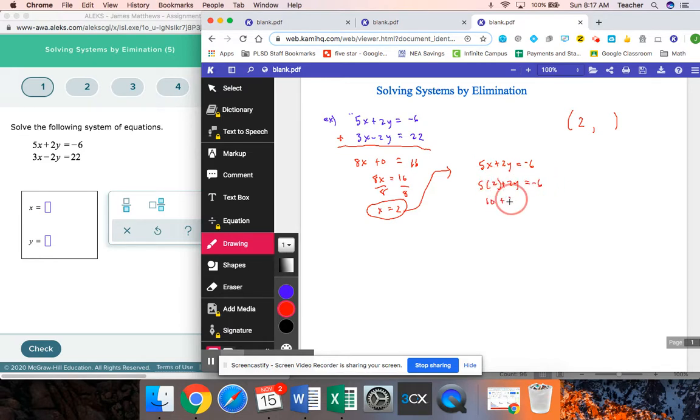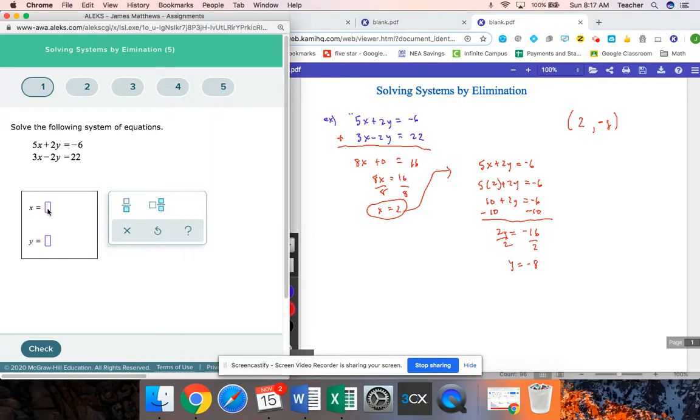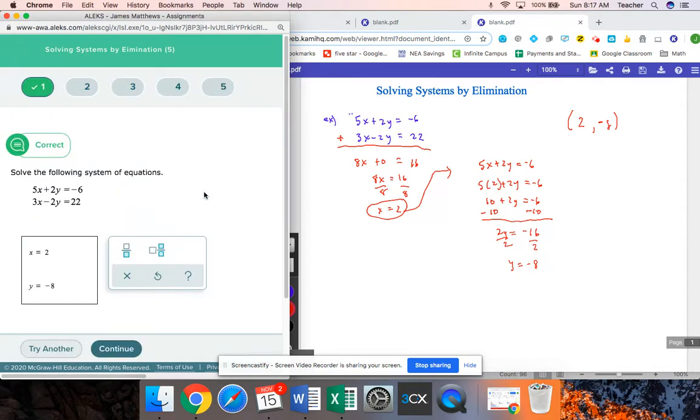So 10 plus 2y is equal to negative 6. When I subtract 10 from both sides, I'll find that 2y is equal to negative 16. I'm going to divide both sides by 2. y is equal to negative 8. So unless I did some simple calculation error here, I'll know that my x is 2 and my y is negative 8. So when it's down to solving by elimination, you just either need to add or subtract.